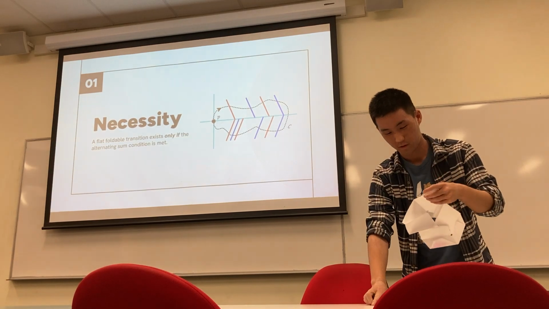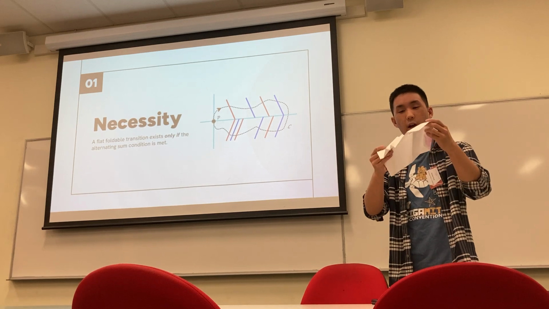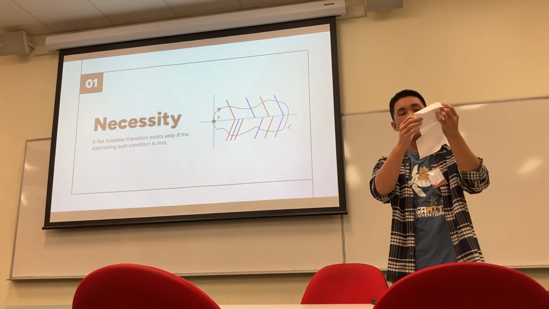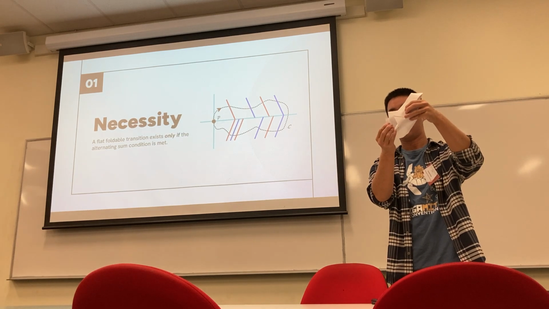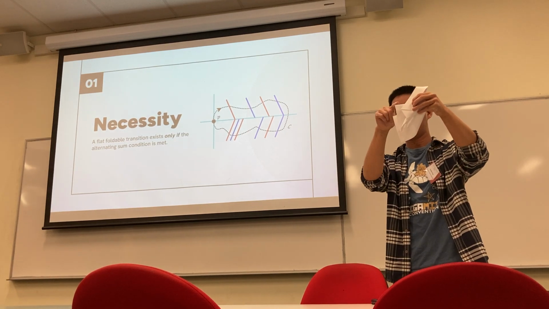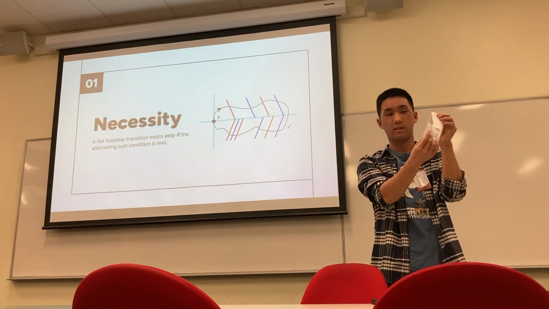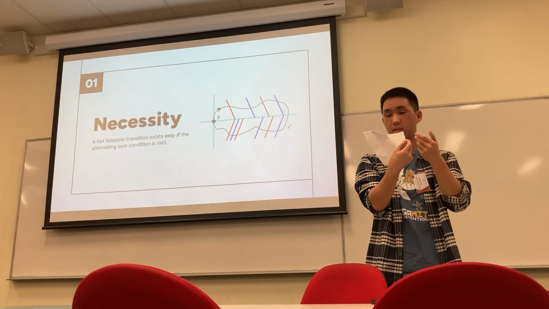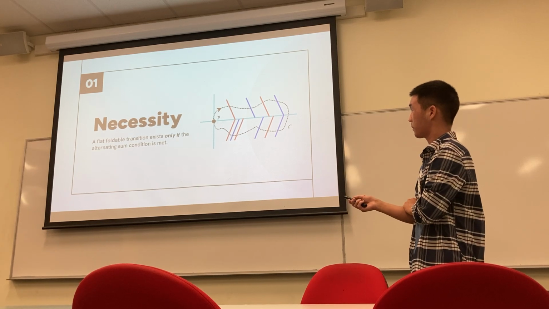If perhaps our pleats ended up such that this face is higher and they're no longer connected, then the altitudes are different, and there's no way we can solve this. No matter what happens in the cut, there's nothing we can do to fix this. So that's essentially what we're going to do with this necessity proof.